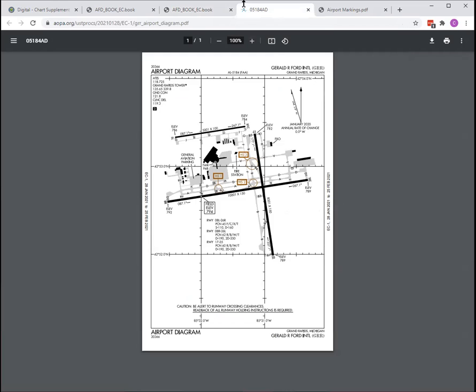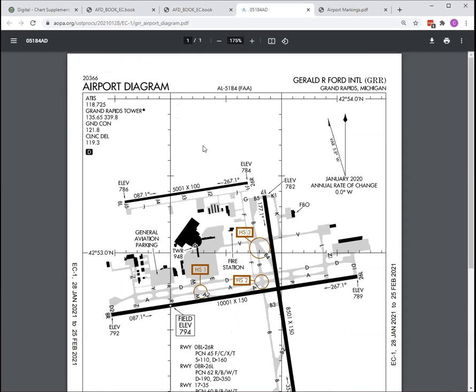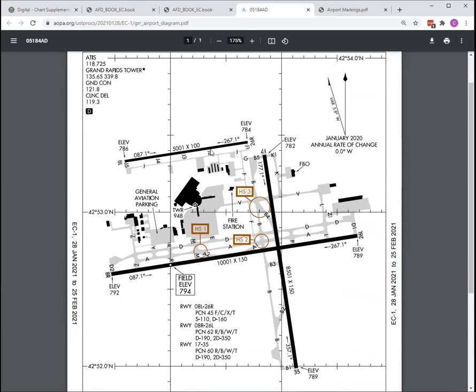So moving on from the chart supplement, we're going to be talking about the airport diagram. This is another publication put out by the FAA, and this is more for reference about the actual layout of the airport and the names of the taxiways and general information like that. It doesn't have a ton of extra stuff like the chart supplement does, so it won't tell you where you can get fuel or what kind of fuel they have.